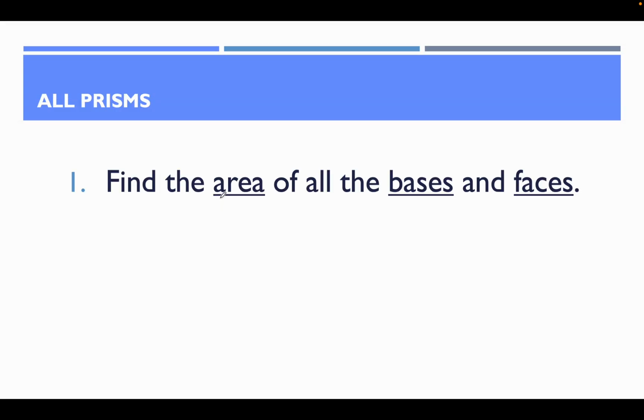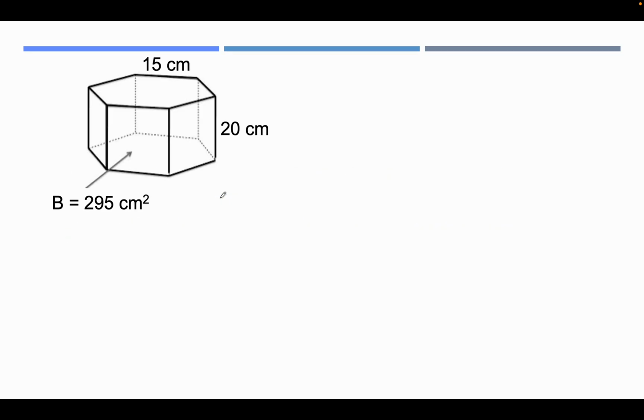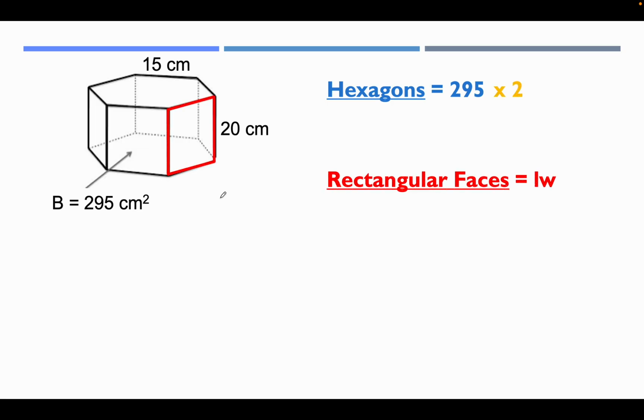If I want to just ignore the formula and find the area of all of the sides and add them together, for this one, we know that the hexagons are 295 and that there's 2 of them. Well, I guess I have that coming up later by accident, so we'll come back to that.